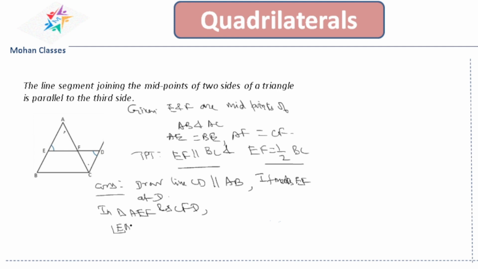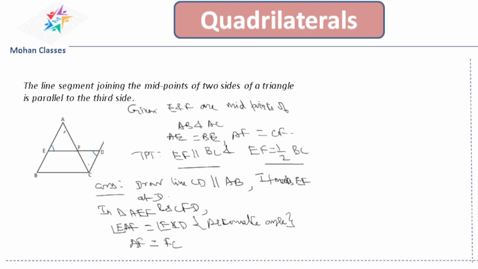Angle EAF is equal to angle FCD, why? Alternate angle. And then AF is equal to FC, because F is the midpoint of this.